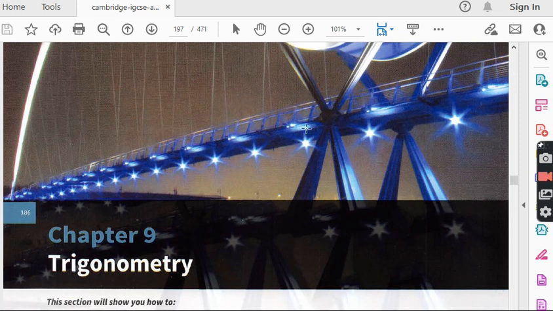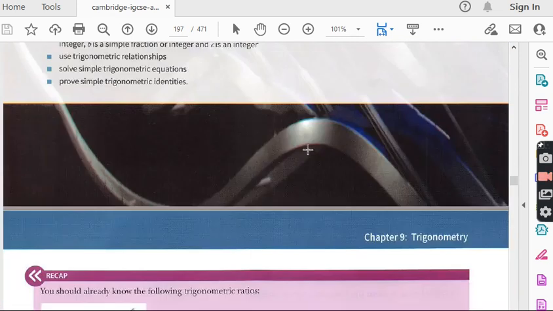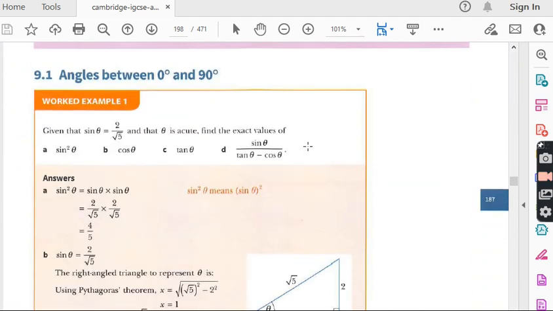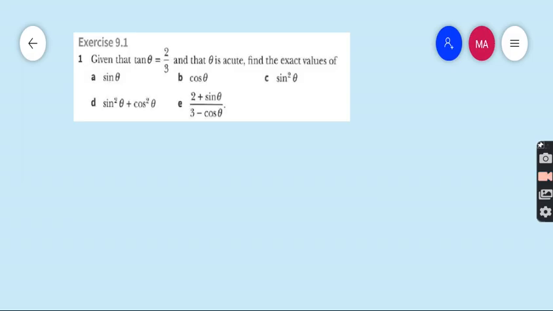The first topic of this chapter is not new for you. The first topic is angle between 0 and 90 degrees. It means we are talking about an acute angle. What is an acute angle? An angle which is greater than 0 and less than 90 degrees is called an acute angle. And for acute angles only, it means we are talking about right angle triangles.